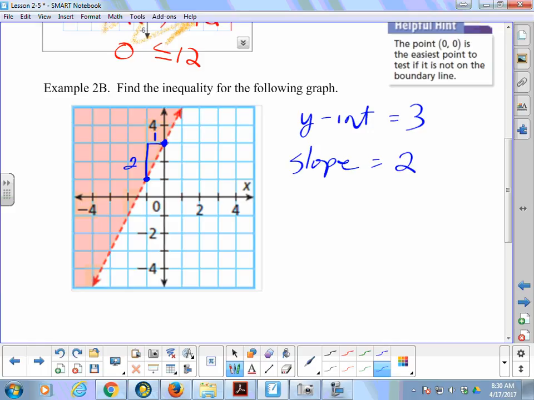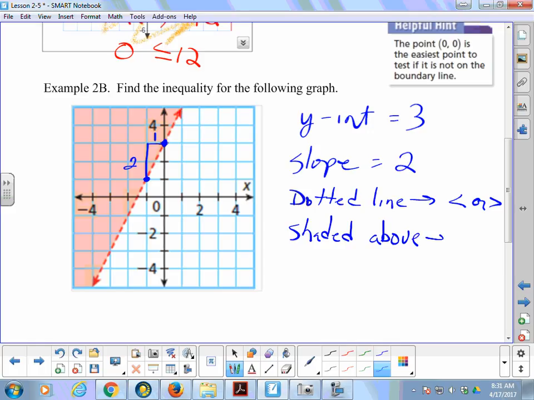It's a dotted line. So that means that we have either less than or greater than. And since it's shaded above, that means it has to be greater than. If it's shaded below the line, it's less than.